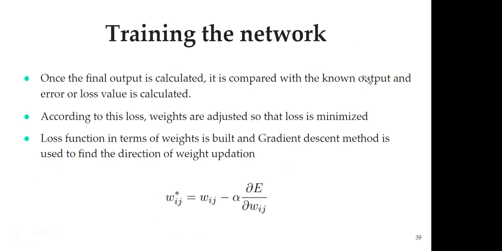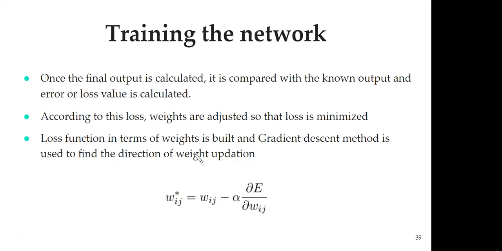Now, the next step, after designing the network, is to train the network with the data. For training the network, we give the input, we calculate the output that the network is giving, and then we find the error by comparing the output with the known value. According to this error, also called loss, weights are adjusted so that the loss gets reduced for the next iteration.